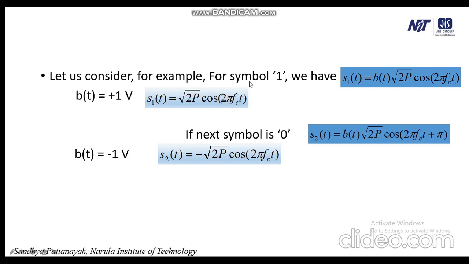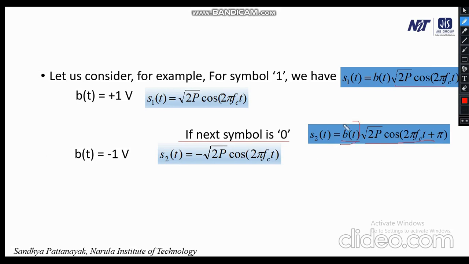For the symbol binary 1, s1(t) will be equal to b(t) multiplied with root over 2Ps cos 2 pi fc t. Here b(t) is a positive voltage, so s1(t) will be equal to root over 2P cos 2 pi fc t. Similarly for binary 0, s2(t), that is the modulated waveform, is equal to b(t) multiplied with root over 2P cos 2 pi fc t.